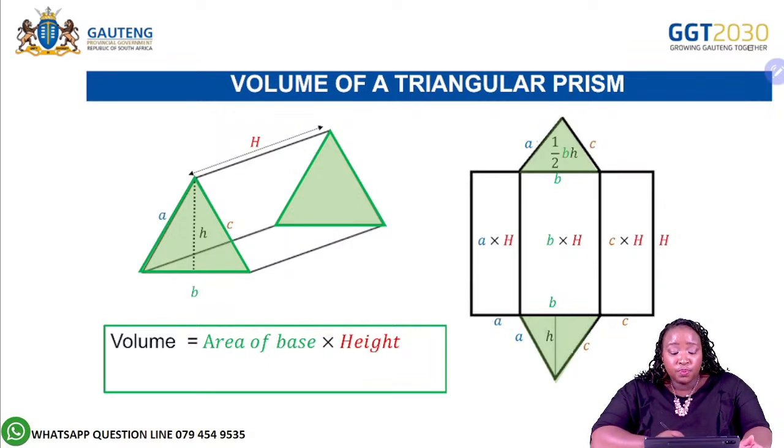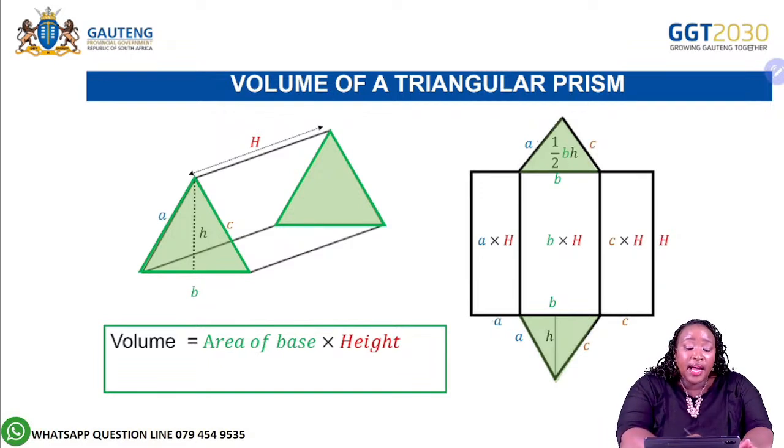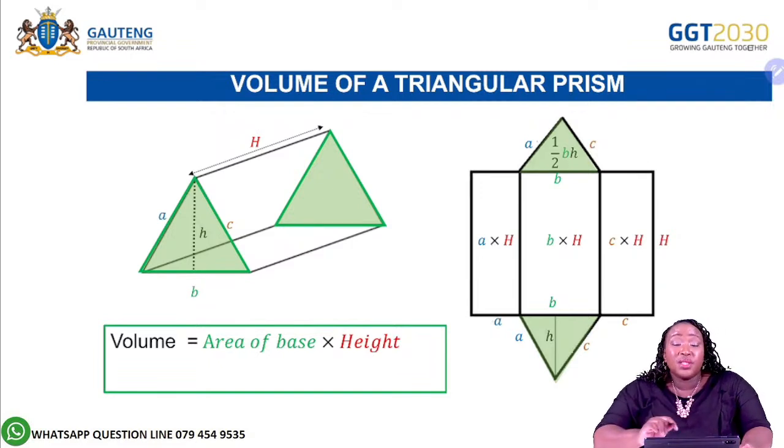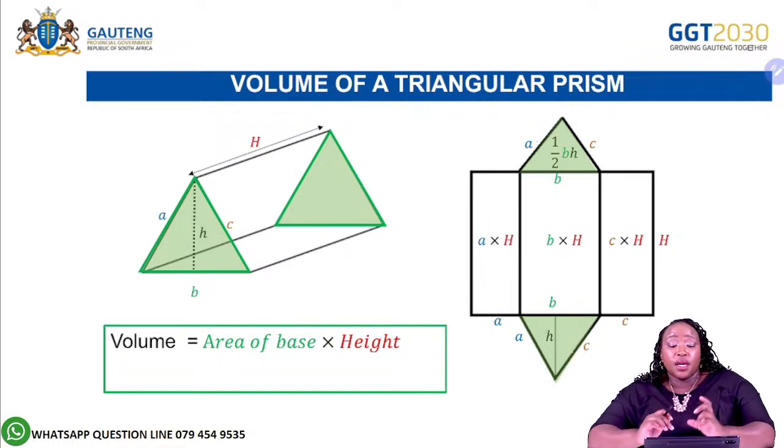It's very important that you note the difference between the H's we use. For the height of the triangle, we are going to use a small letter, and then the height, which is considered to be the distance between the two bases, is going to be a capital letter.